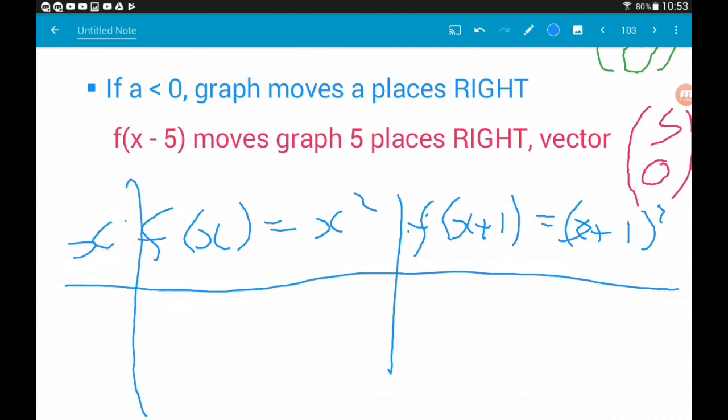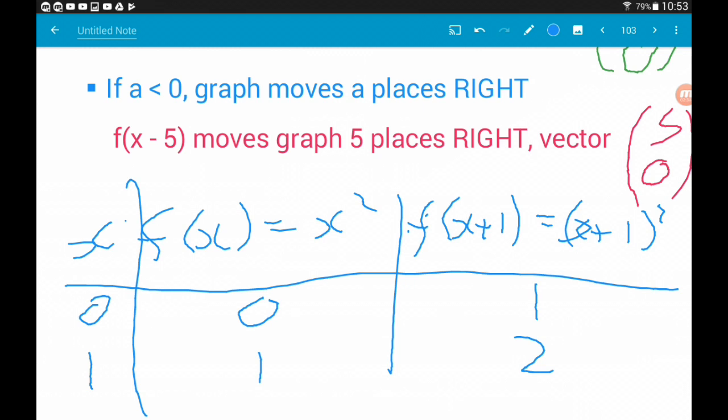If we were to put in x equals 0, then f of x is 0 squared, so that's just going to be 0. But if we put in 0 for f of x plus 1, then we've got 1 squared. So that's 1. If x was equal to 1, f of x would be 1. f of x plus 1 would be 4.